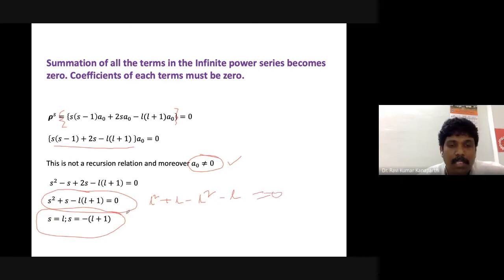So definitely s is equal to L is a root. Another thing is that you can substitute s is equal to minus of L plus 1, and in this case also you can prove that it is 0. That means that both s is equal to L and s is equal to minus of L plus 1 are the roots of this quadratic equation.